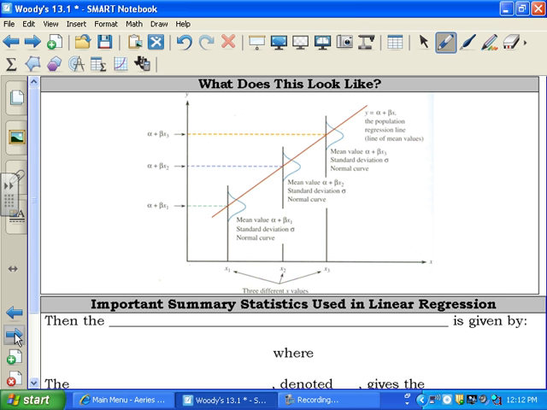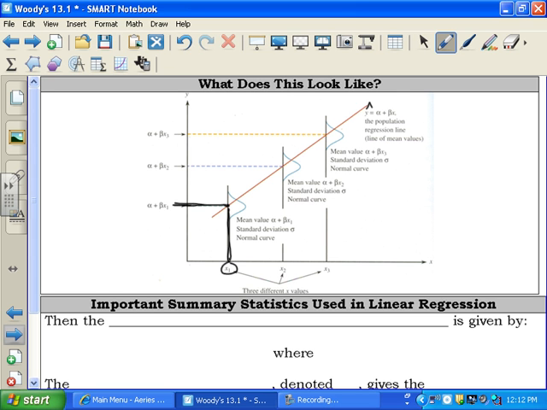Here's a value. I know it's hard to see print-wise, but we have a value of just an x, and then I plug it into my linear regression model, which is y hat, again, is a plus bx. That's a predictive model based on my data, and so I will have a predicted y value here. That's the y predicted with this value of x.